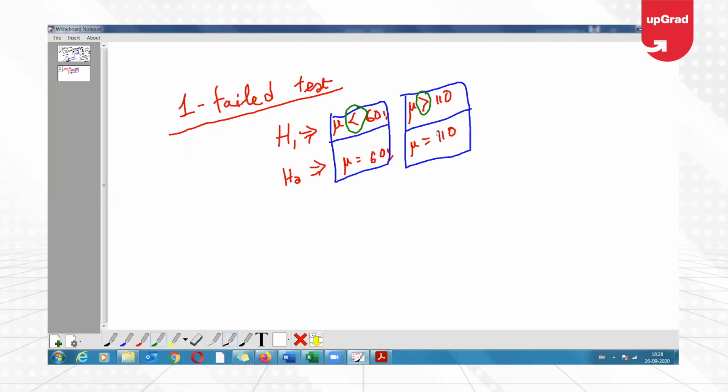Now, if we want to test whether something is equal or unequal, that's where we use a two-tailed test. Why is it called two-tailed? Because not equal to means it can be greater or can be lesser. So let's write down.